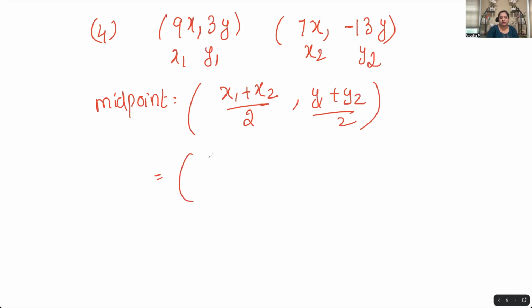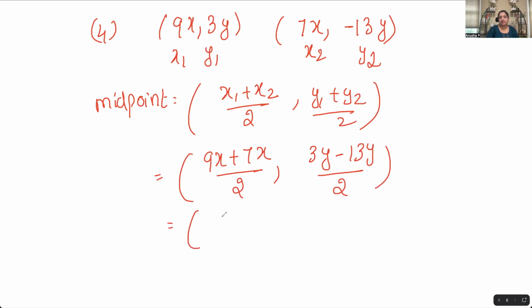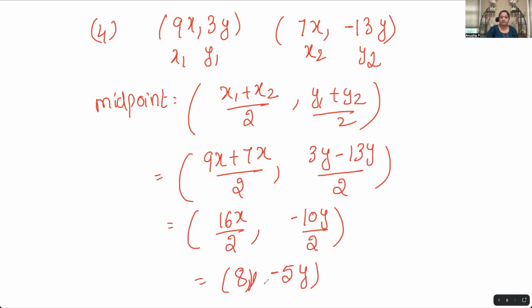So what is x1 here? 9x plus 7x over 2, comma, 3y minus 13y over 2. What is 9x plus 7x? 16x divided by 2. 3y minus 13y is negative 10y divided by 2, which is 8x, comma, negative 5y. Okay, the answer can be in terms of variable also.